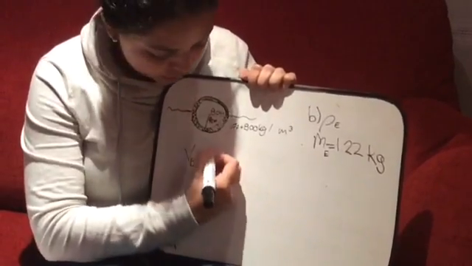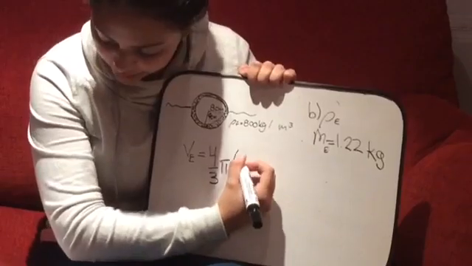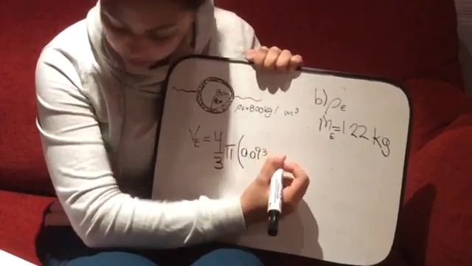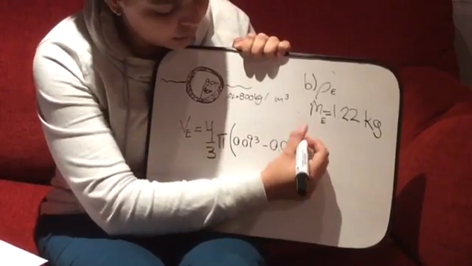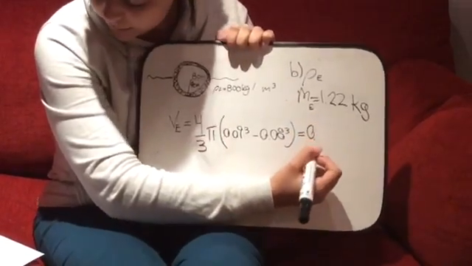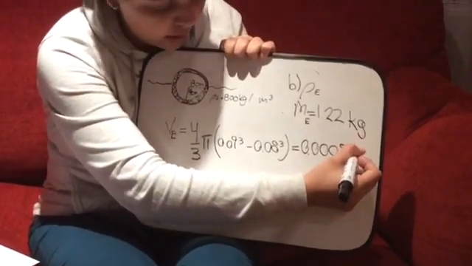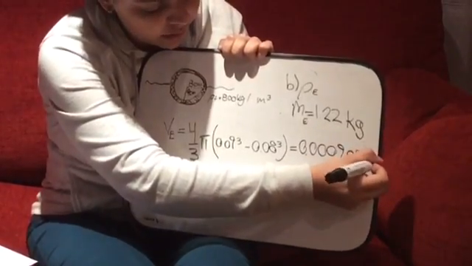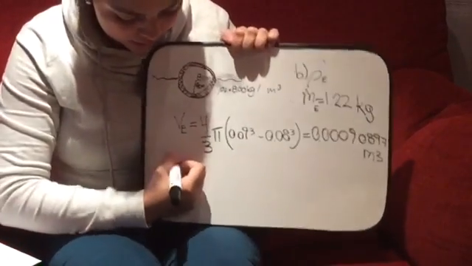So it should be equal to 4/3 of pi times 0.09 to the third minus 0.08 meters to the third, which are the outer and inner radius, and this is finally equal to 9.0897 times 10 to the minus 4 cubic meters.